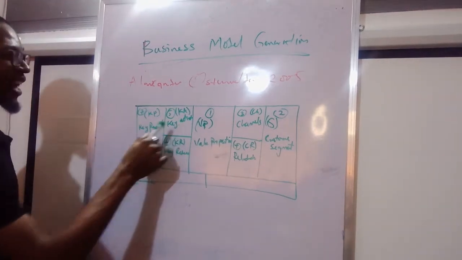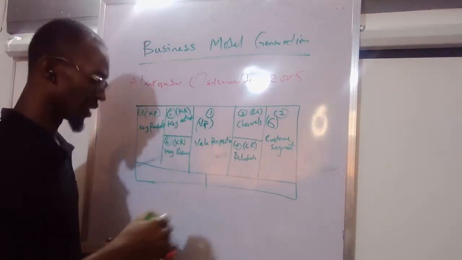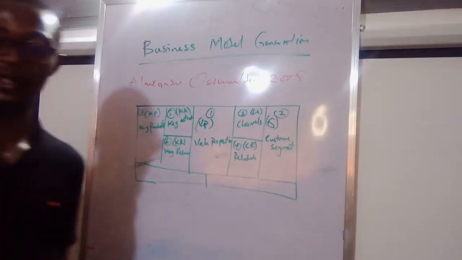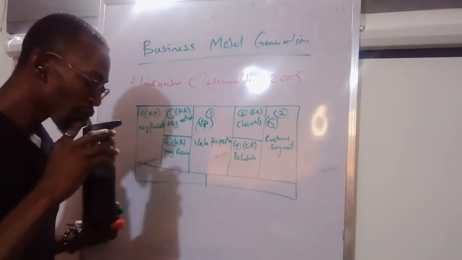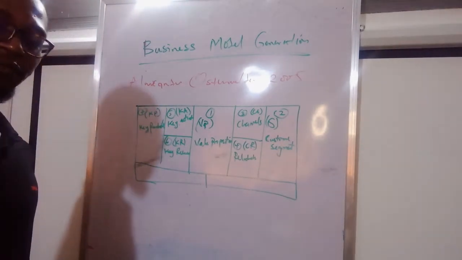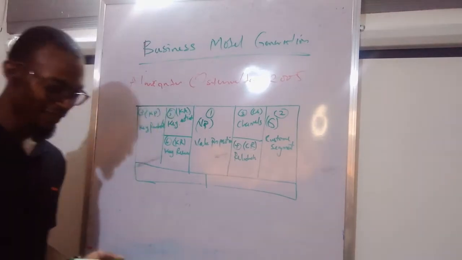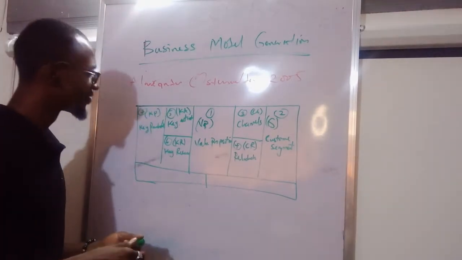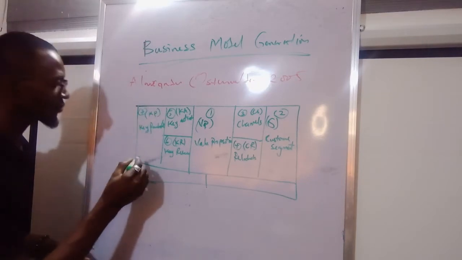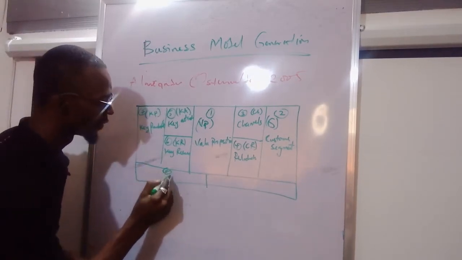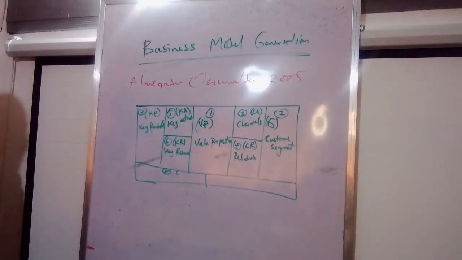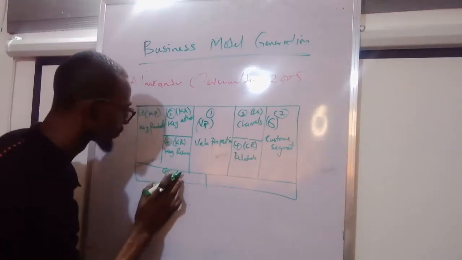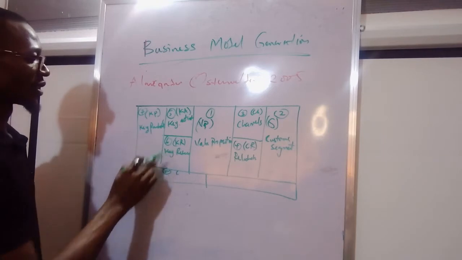Yeah, KA, key activities. Then we have 8, which is... Under that one, is that value proposition? 1, yes, the one is value proposition. That number 6 is key resources.